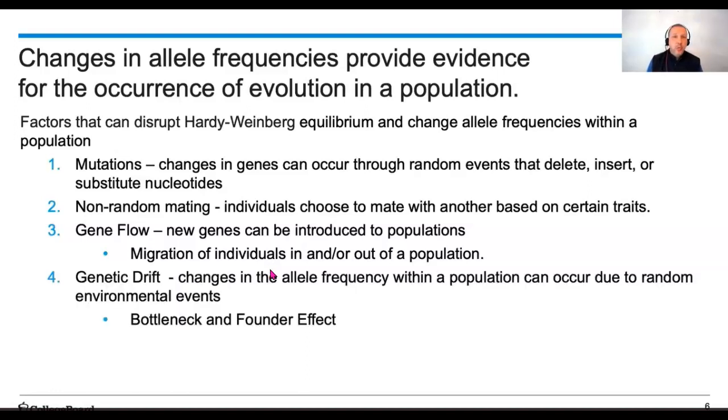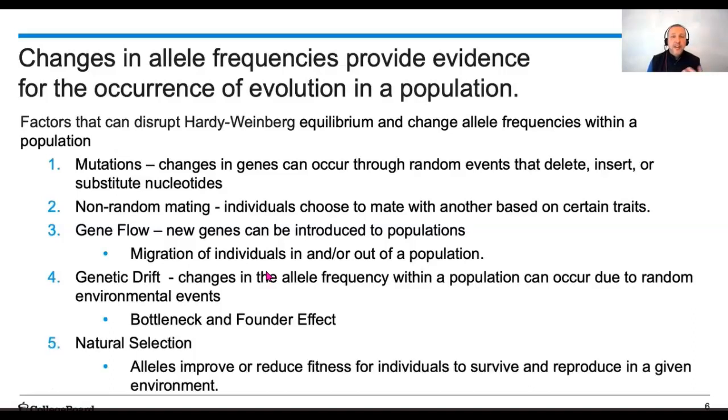Genetic drift is where changes in the allele frequency within a population can occur due to random environmental events. Think bottleneck and founder effects. And finally, natural selection. Alleles improve or reduce fitness for individuals to survive and reproduce in a given environment.